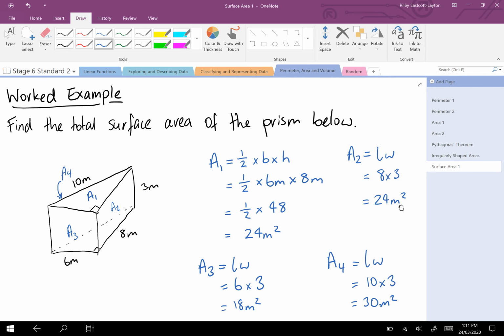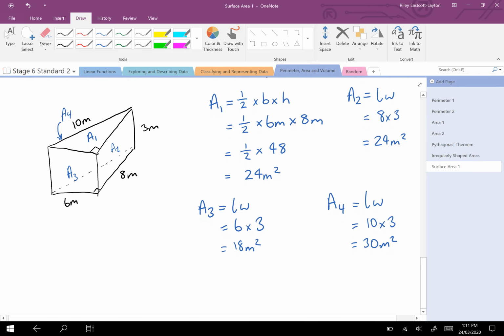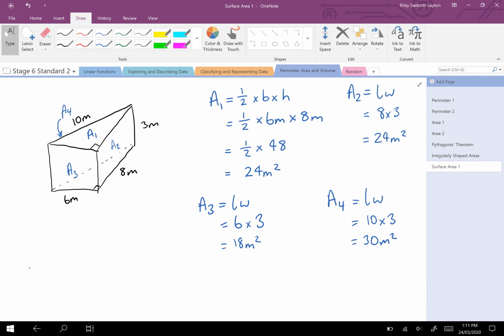All right, now we're nearly done. I believe we've done all the hard part. So our total surface area of our triangular prism will be equal to A1 plus A2 plus A3 plus A4, and we're just going to sub in all those values.